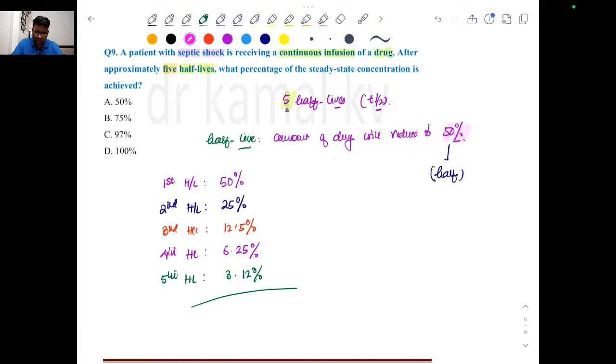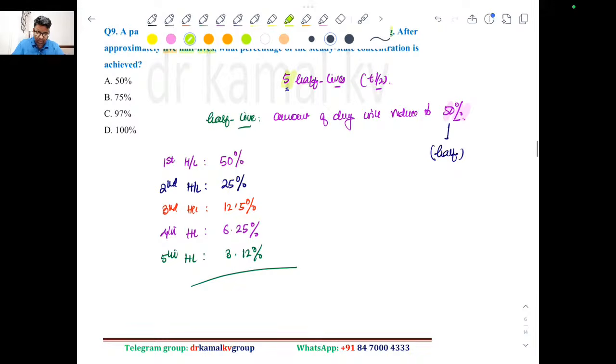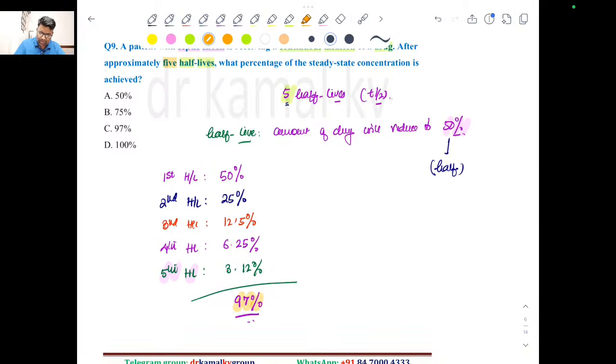So what you need to do, you have to simply add all these, and if you just add 50 to 75, then this is 87, so somewhere it will come around 97%. Clear? So by the end of the fifth half-life, the drug will be eliminated this much. Clear? So this is how you need to solve this kind of question. Okay? So this is 97%.